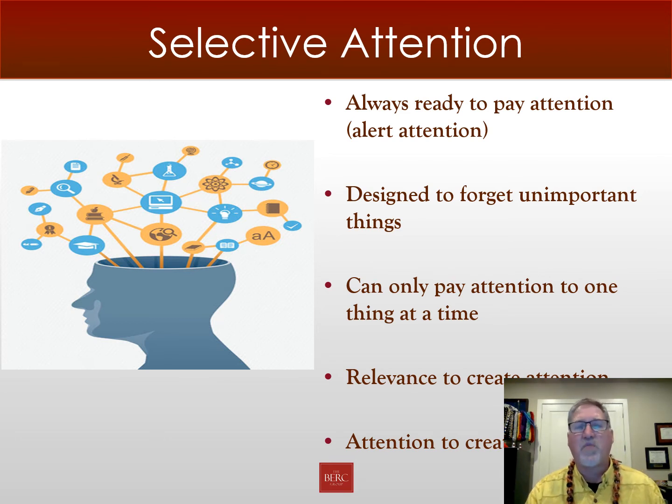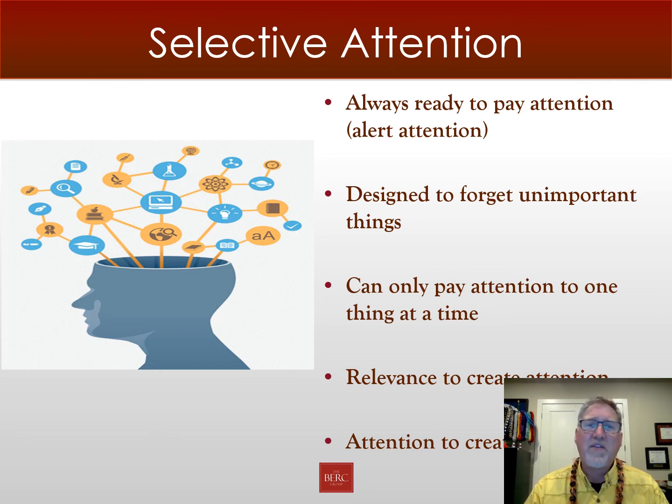This happens all the time with background noise or temperature or just anything like that. And you'll see a few more examples throughout the modules as we do this. But the brain is designed to not hang on to everything. If it did, we would actually go crazy. We have to forget. And so the brain actually forgets most of what goes into it because it's determined after about 90 seconds it's really not that important.